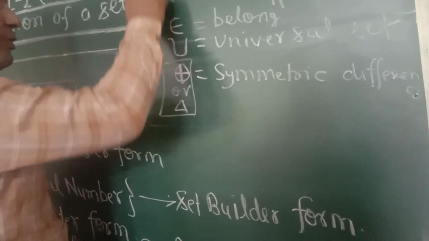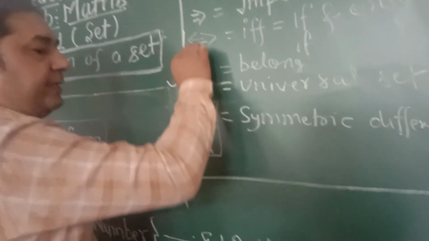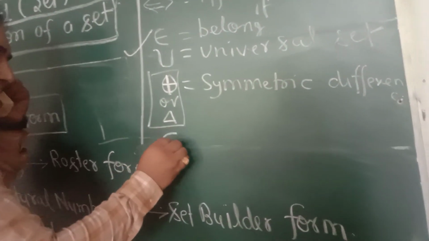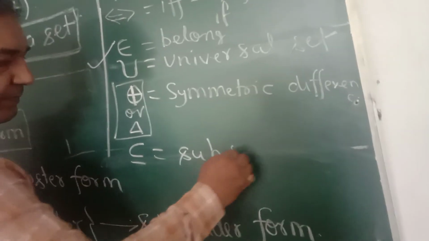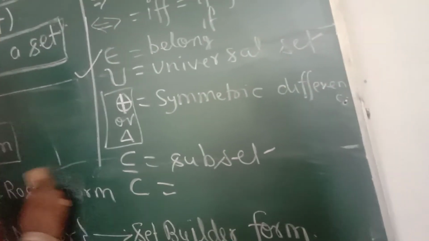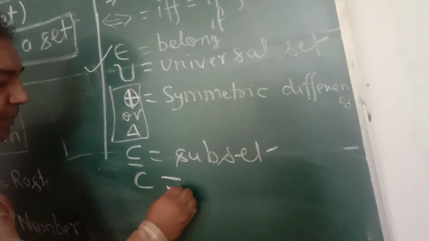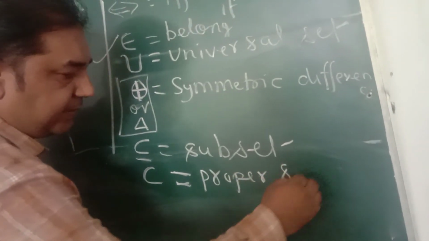So these are the notations generally used in sets. Two more notations are over here. This is subset. This is proper subset.